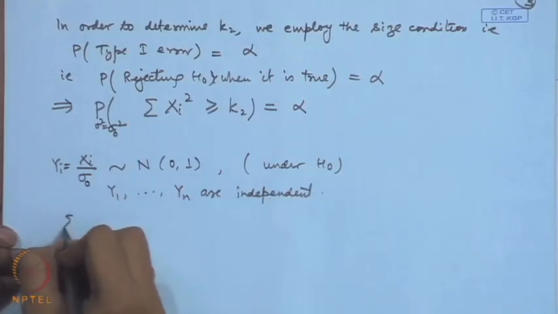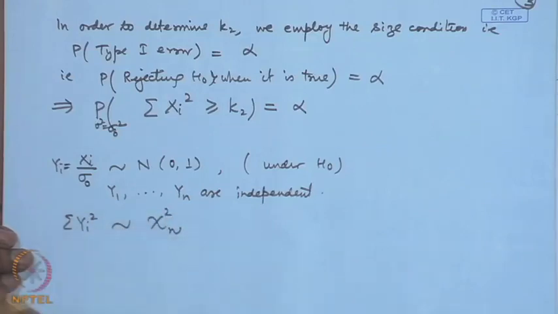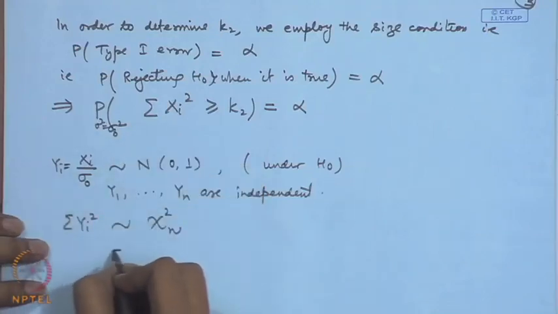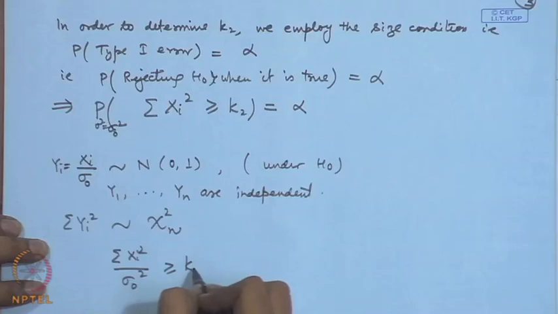So, if we consider sigma y I square, that will follow chi square distribution on n degrees of freedom. So, this test then we can consider as sigma x I square by sigma naught square greater than or equal to some c, for example.